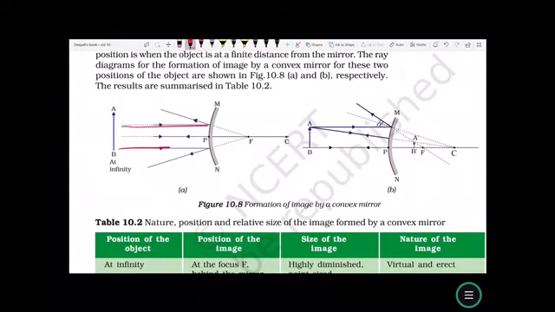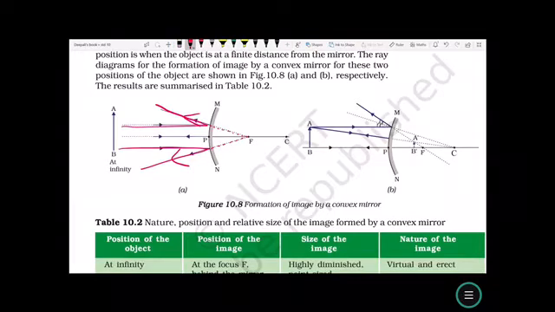So do you observe here in the ray diagram, we are taking the convex mirror and the incident rays are falling on the convex mirror and are diverging after the reflection. But if you extend the diverged rays behind, you will see that they meet at the focus.